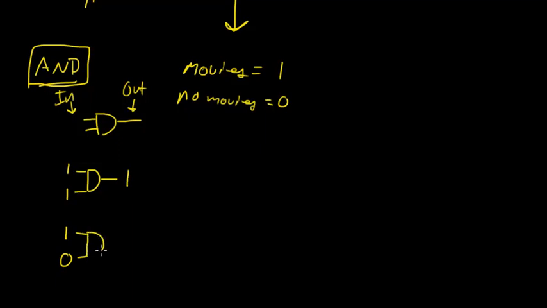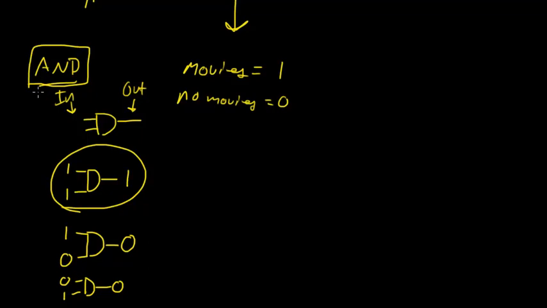So mom said yes, dad said no. Mom and dad did not agree, so you do not get to go to the movies. And if mom said no and dad said yes, mom and dad did not agree, so you still do not get to go to the movies. So the only way to get to go to the movies is if mom and dad agree. Okay, that's the AND gate.